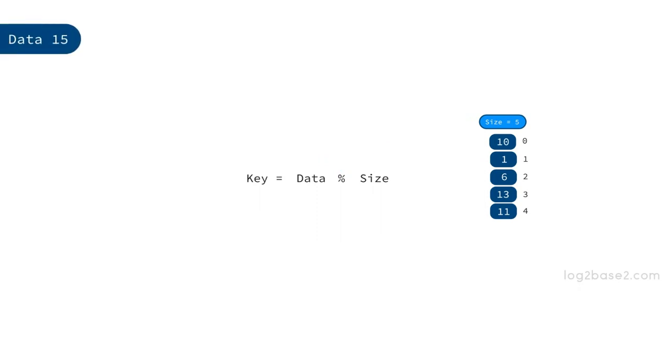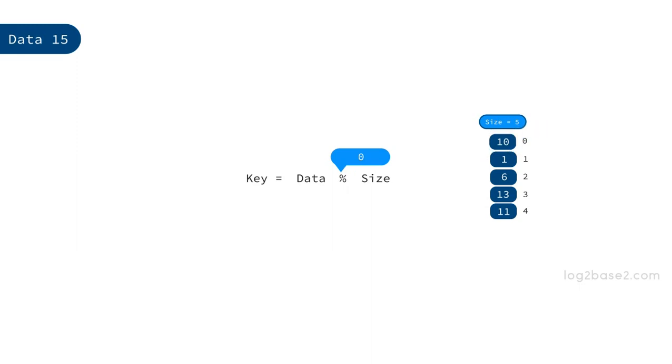So apply data 15 in this equation and we will get 15 mod 5, which is equal to 0. That is, we have to insert data 15 at index 0, but it is already holding the value 10 and not -1, which means it is already occupied and it is not free for insertion. So we can say that a collision occurred here.